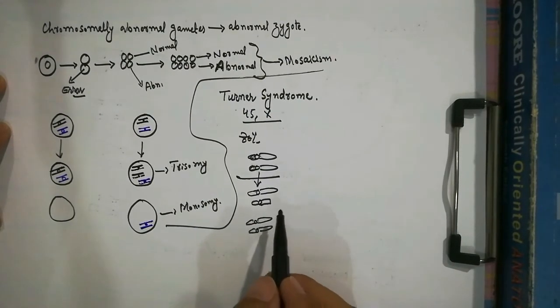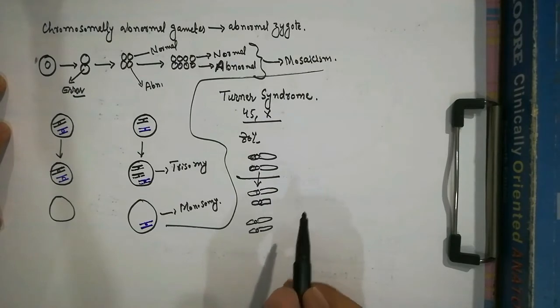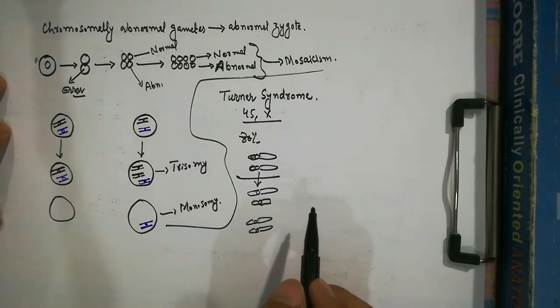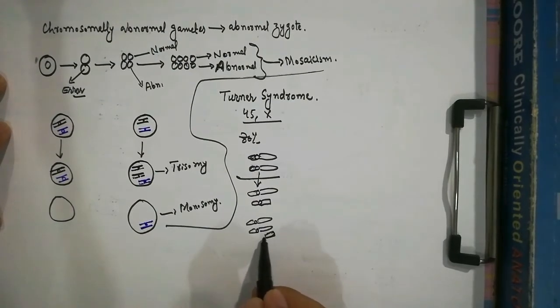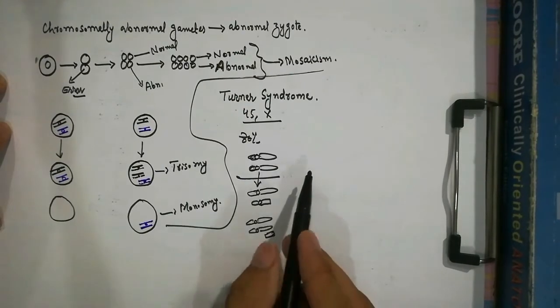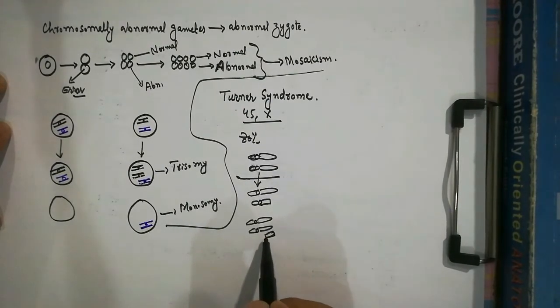But if a part of another chromosome breaks, detaches from that chromosome and comes to lie along the side of this pair of chromosomes, this is called partial trisomy, as the whole chromosome is not present. If the whole chromosome is present, then we call it trisomy.